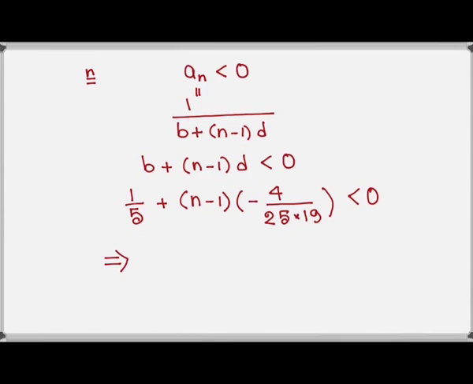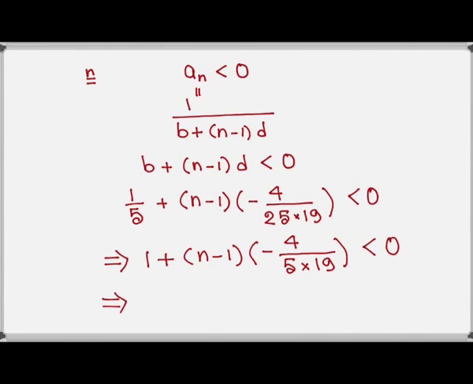This implies 1 plus (n minus 1) into (minus 4 divided by (5 into 19)) is strictly less than 0. This implies n minus 1 shall be strictly bigger than 5 into 19 divided by 4.